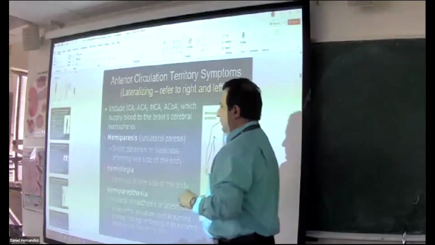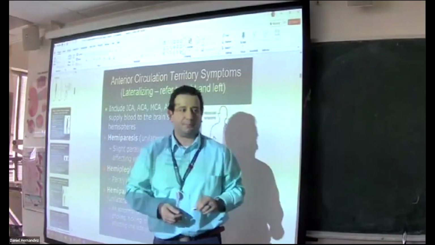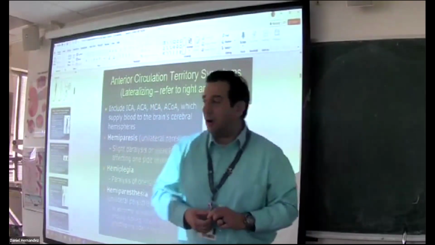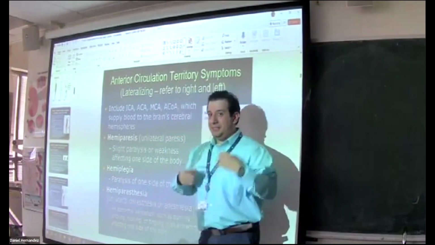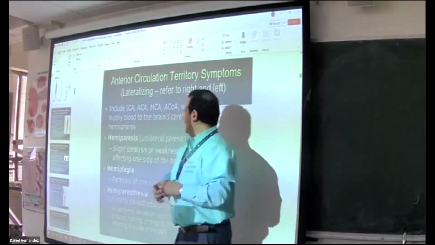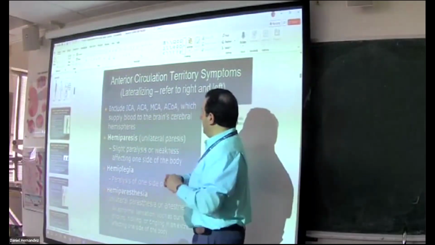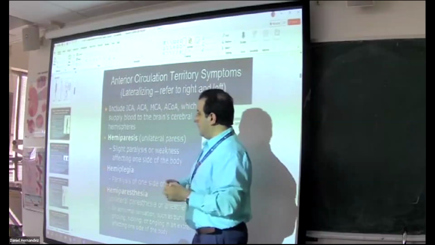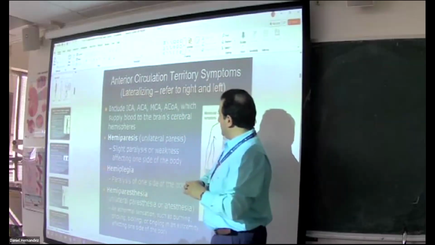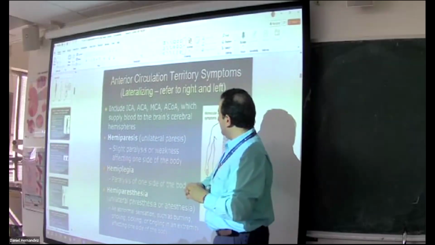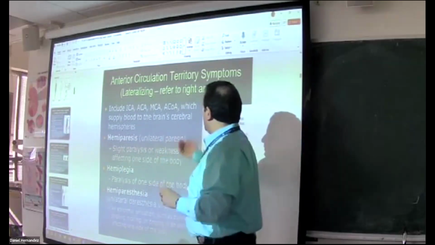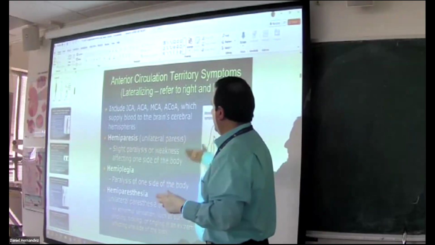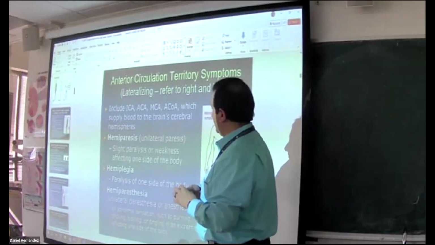So anterior circulatory territory symptoms. So our anterior circulatory pathways include the ICA, the internal carotid arteries, then all the things that are fed by the internal carotid arteries. So our anterior cerebral artery, middle cerebral artery, anterior communicating, and then the cerebral hemispheres that are fed by those vessels.